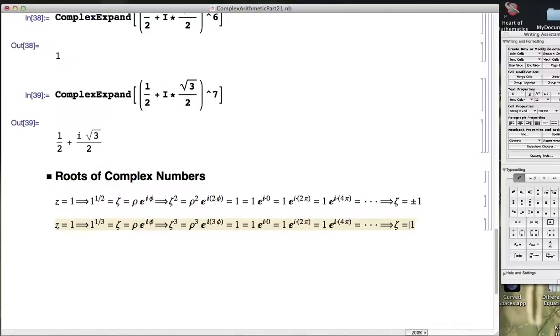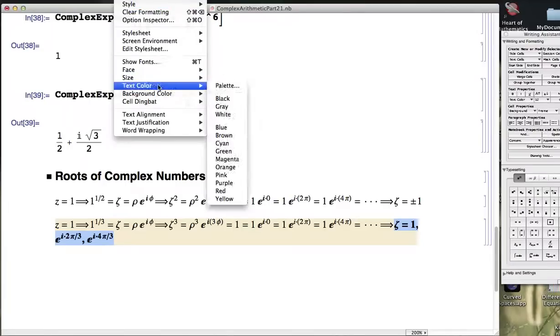Plus 1 works, e to the i times 2 pi over 3 works, e to the i times 4 pi over 3 works, and anything else you consider, like 6 pi over 3, 8 pi over 3, 10 pi over 3, is going to generate one of these 3 numbers. So these are the answers for the cube root of 1.